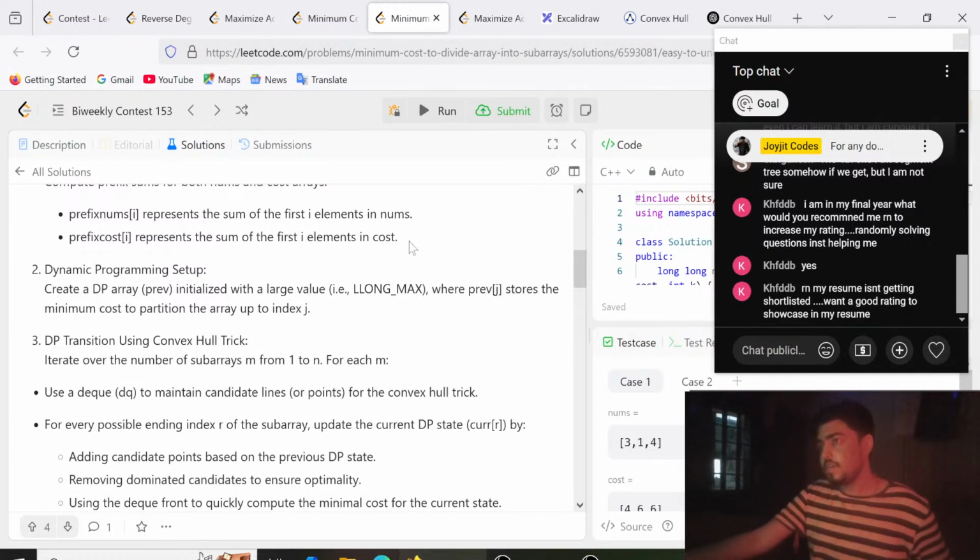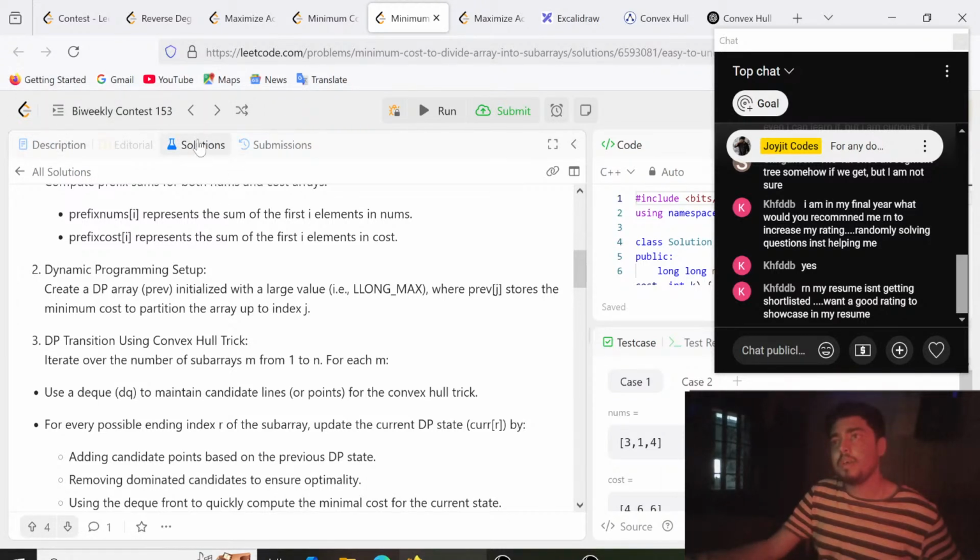Okay, so it is a 1D DP array that stores all the DP values. Till one index I can find out the minimum cost that I need to partition it. Now the DP transition uses the convex hull trick, so I iterate and use a deque to maintain candidate lines for the convex hull trick.